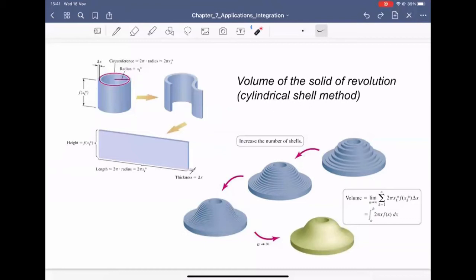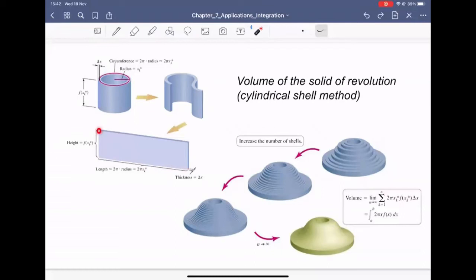This is going to be a good way to compute the volume because you're going to split the solid into n cylinders, right? And then for each cylinder that you have here, you're going to unfold it. Once you unfold it, you get a box, something like a rectangle.